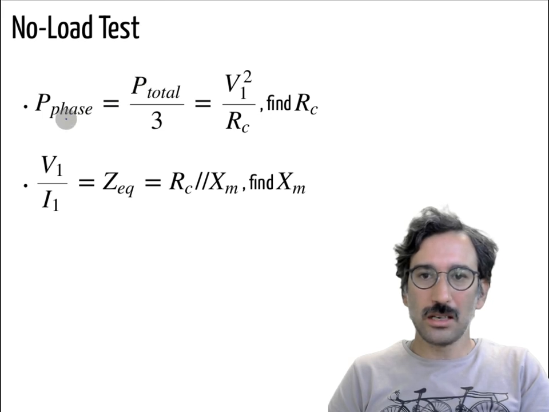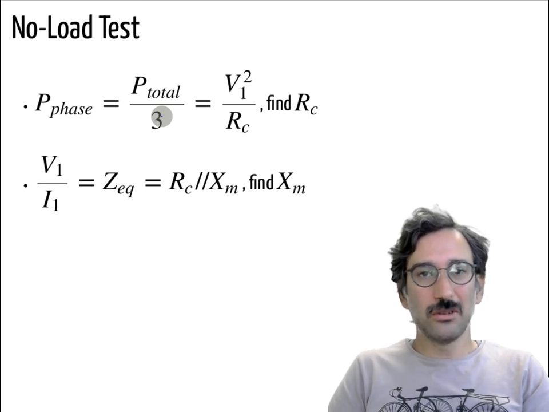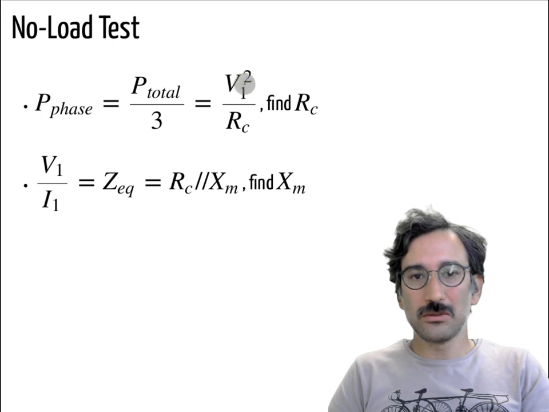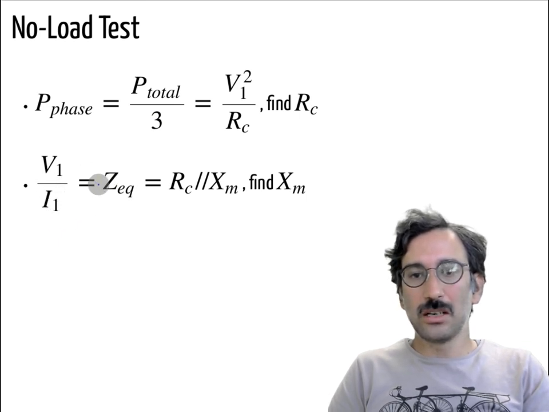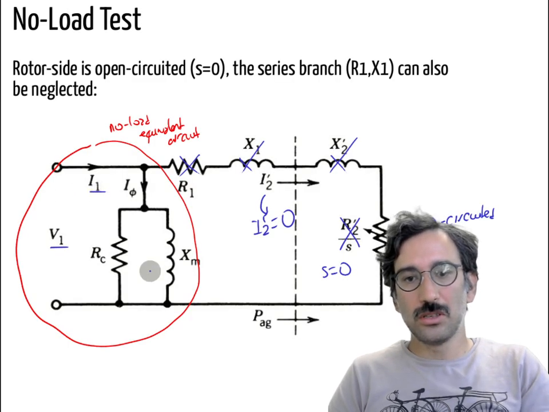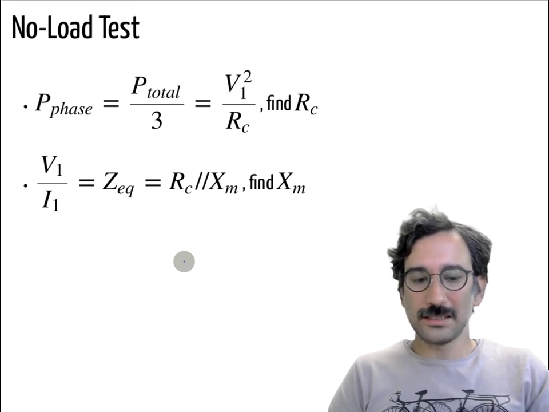Again, you can calculate the phase power by dividing the total power by 3, and real power only dissipates at resistive components. So you can write V1 square over RC is equal to that one. So you can find RC, and you can divide V1 and I1 to calculate the equivalent impedance. Since they are in parallel, you can calculate the value of X. Okay.